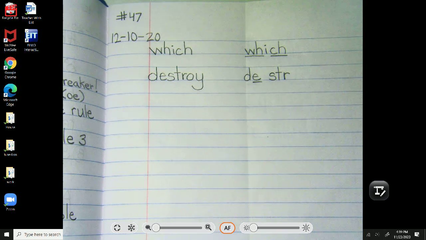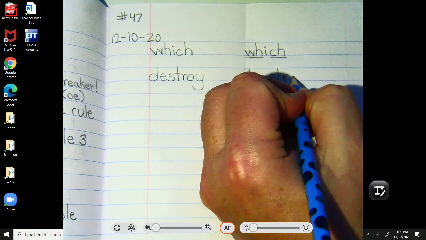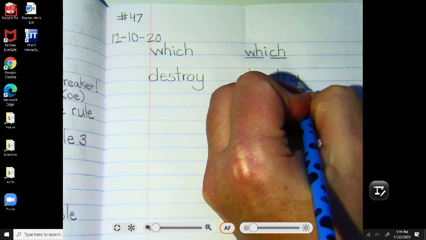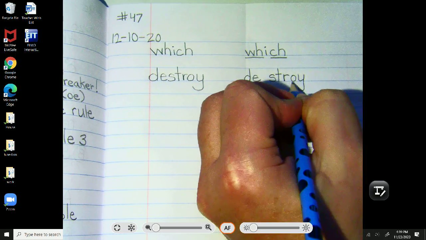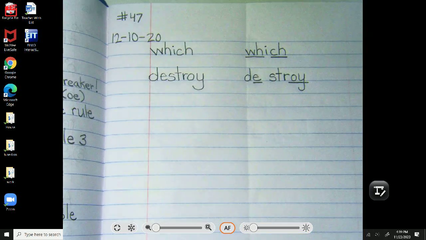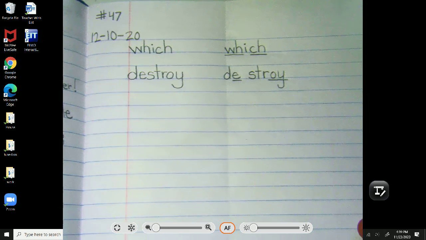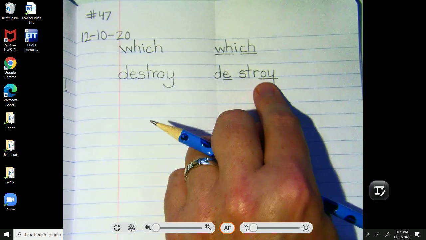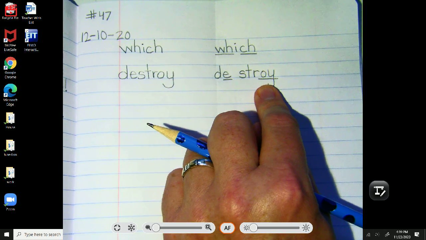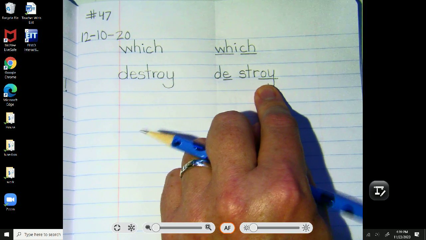Str. Maybe you can think of another str word. And then our final sound is oi. Which oi? Oi, two-letter oi that we do use at the end of English words. Destroy.